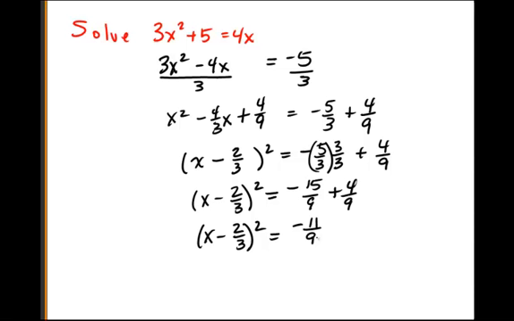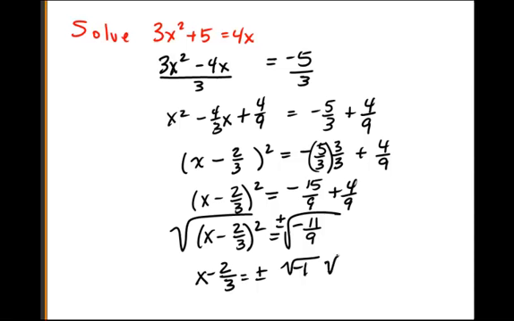Now I'm ready to square root both sides, so the square root of the left side is plus or minus the square root of the right side, giving me x minus 2/3 is plus or minus the square root of negative 11, so it would be negative 1 times the square root of 11 over square root of 9.